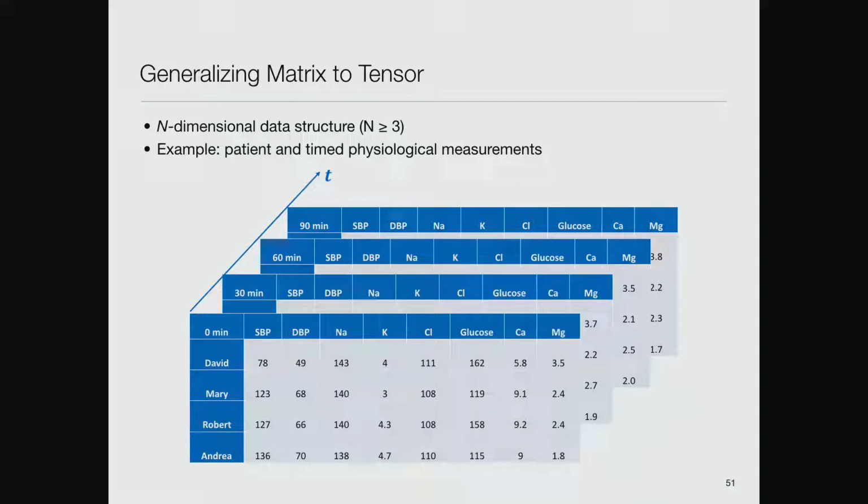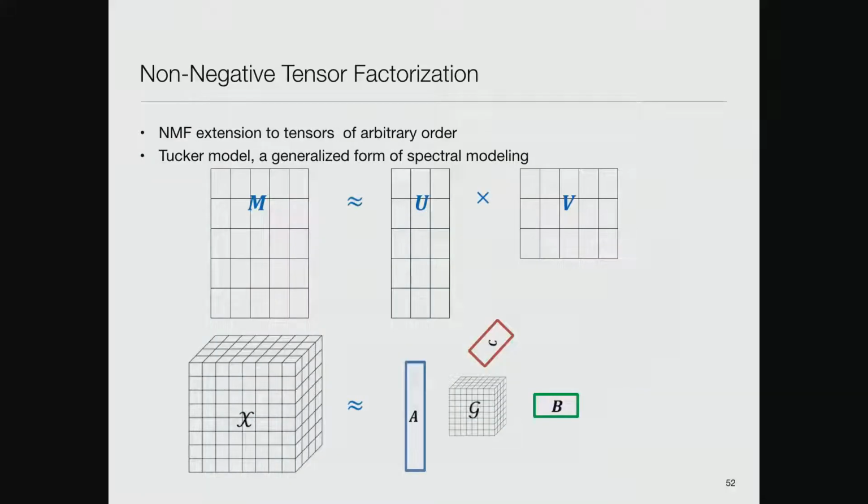And then if you add a third dimension to it, like this is at the time of admission, 30 minutes later, 60 minutes later, 90 minutes later, now you have a three-dimensional tensor. And so just like you can do matrix factorization, as in the picture above, where we say, my matrix of data, I'm going to assume is generated by a product of two matrices which are smaller in dimension.